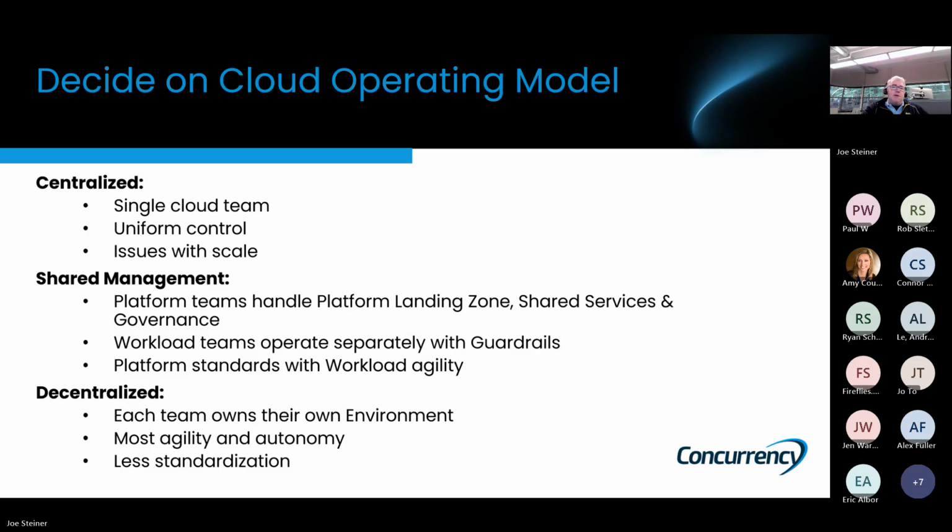So one of the first steps in moving into Azure, and again, for those of you that have already migrated to Azure and are familiar with this, you probably already solved this, but it is something worth reviewing even over time. And that is thinking about the people side of this and what is going to be your cloud operating model.